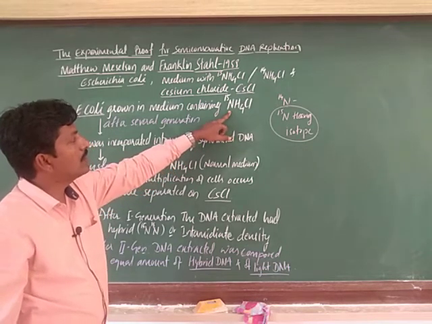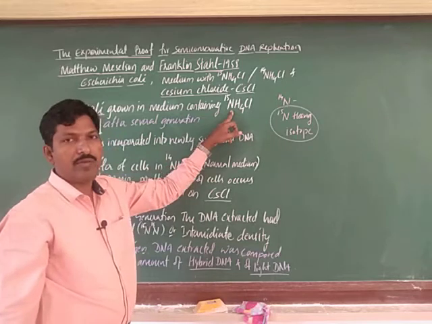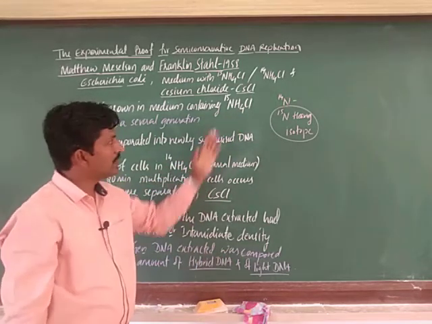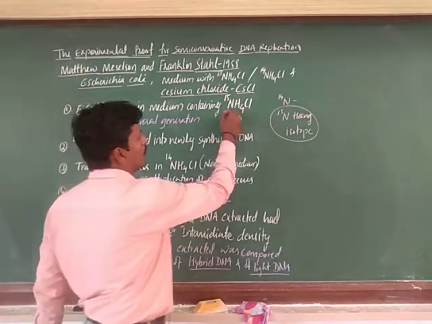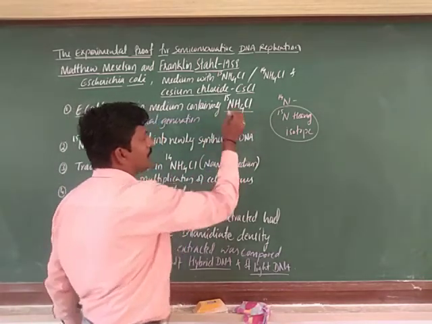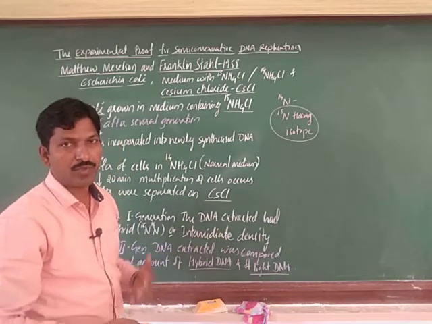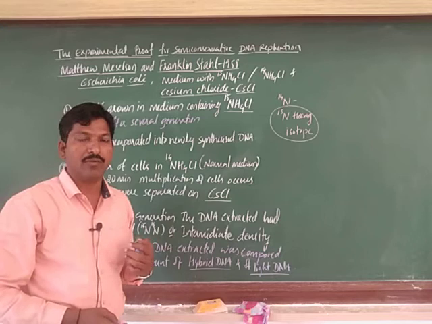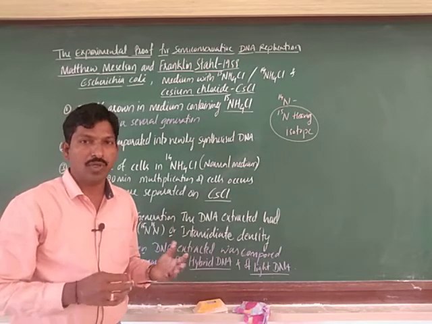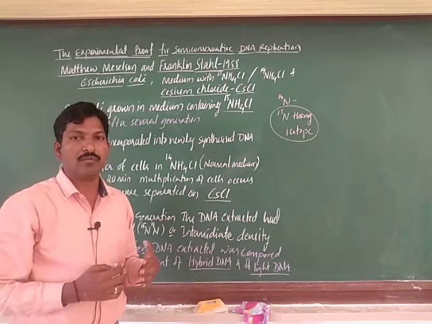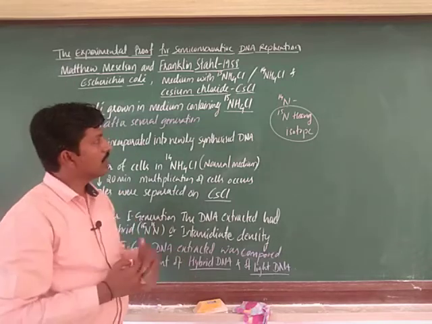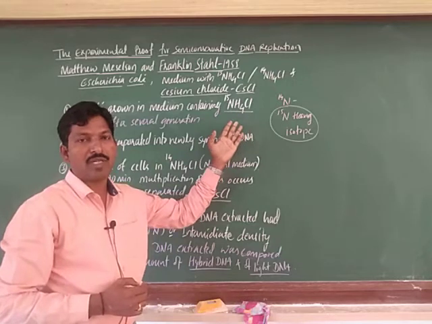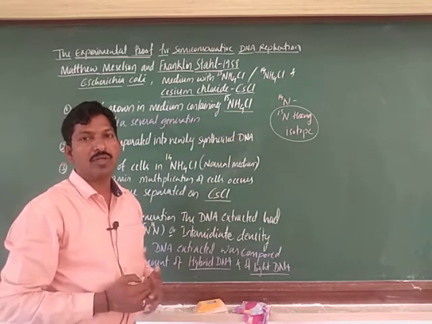We are not using nitrogen in free form; it should be in a compound form, the form the organism can utilize. For example, we need iron, but we are not going to eat the iron; we take it in the form of food. In the same way the bacteria utilize this as a raw material for the synthesis of DNA.